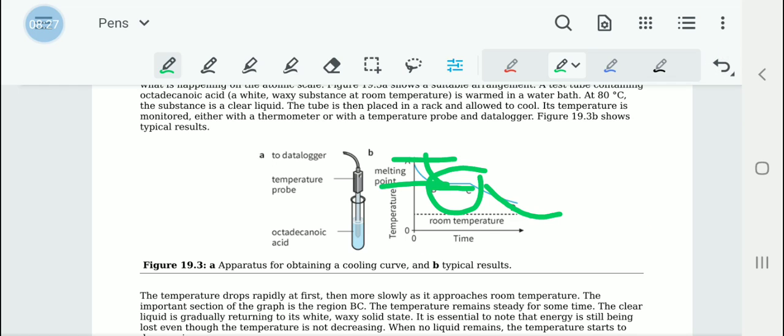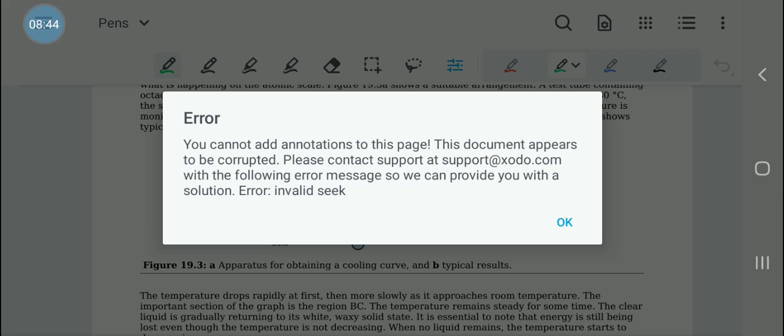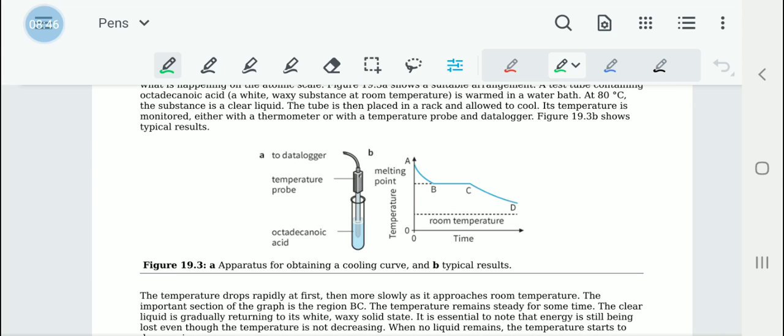Then basically what you need to understand is what happens here. The temperature of this liquid has dropped up to a certain point, and then it has remained constant.